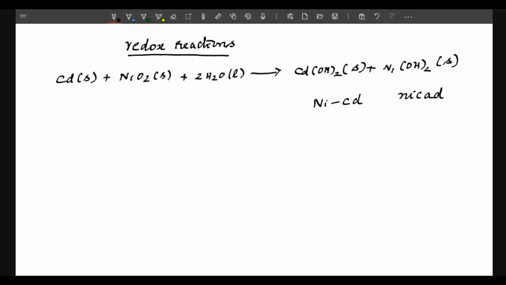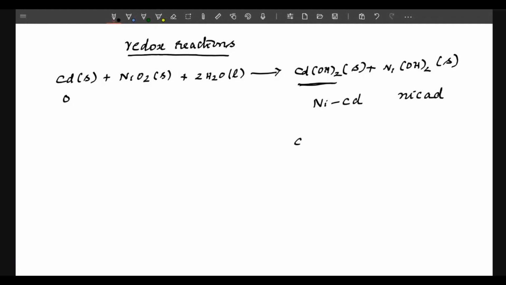Definitely, any element in its solid state is in a neutral state, so the oxidation state of the element is zero. If it is in a compound form, Cd(OH)2, it will be undergoing oxidation or reduction. To find the oxidation state, you should know the oxidation state of the other species present along with it.